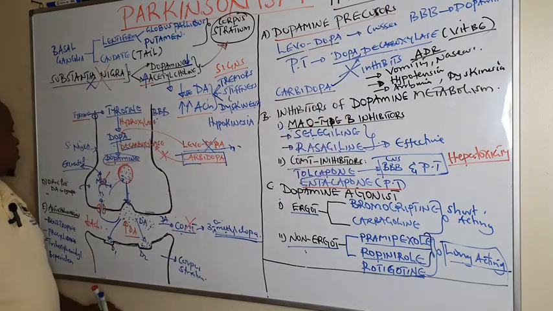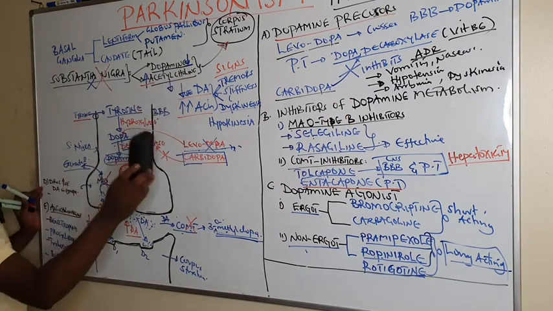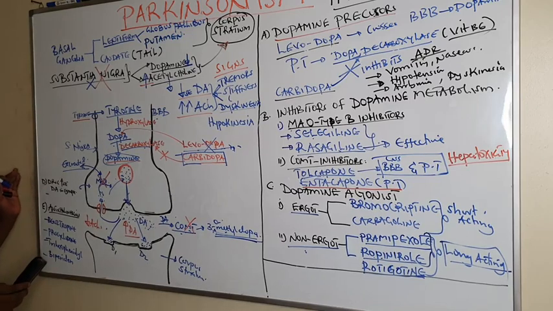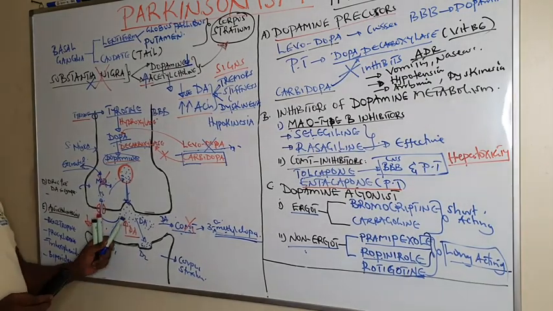So as we are concluding, we are going to also talk about these remaining. We have seen type A, type B, type C. Now we are remaining with the drugs that increase dopamine levels in the synapse, or in the synaptic cleft.